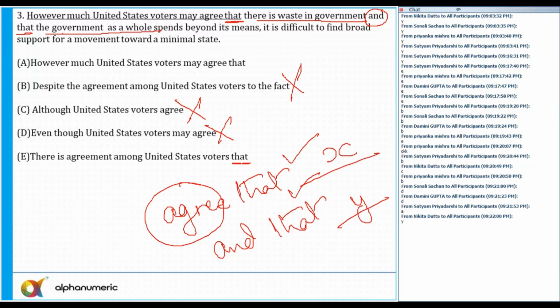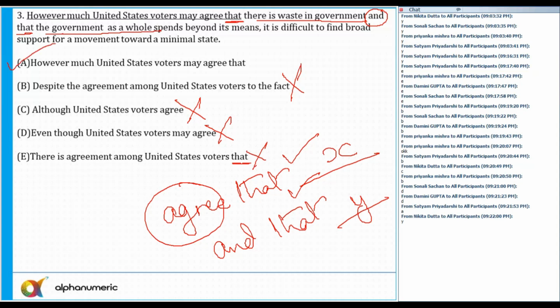So if I mark E, it will not make sense, because the second clause is contradicting the first part. To make it contradictory, I'll have to use a contrary transition word, and that is not there in E, which means E also is not right. Answer is good as it is.